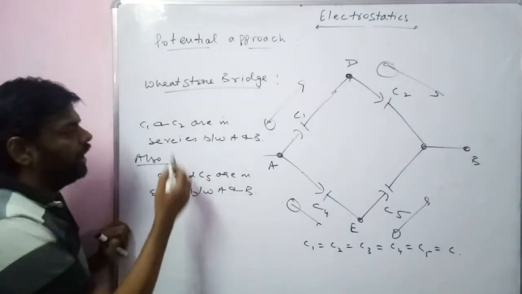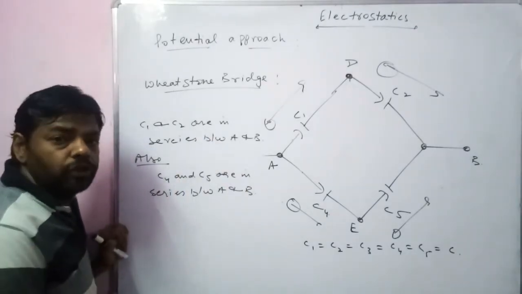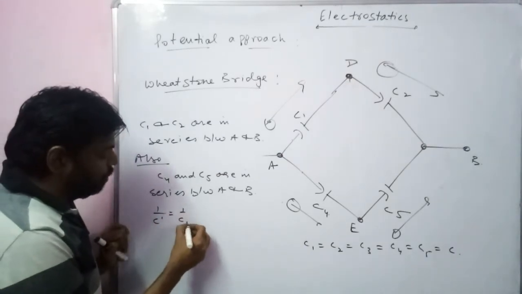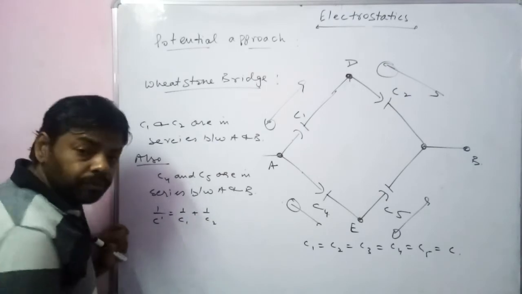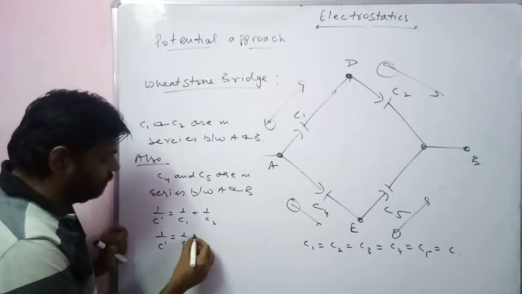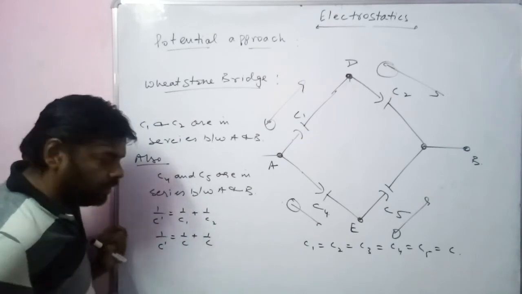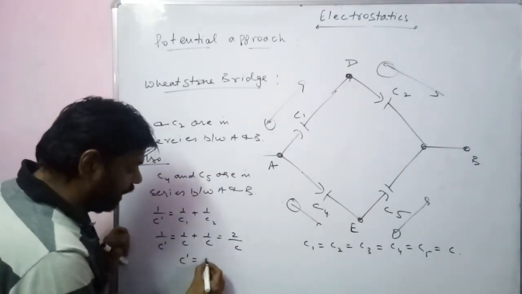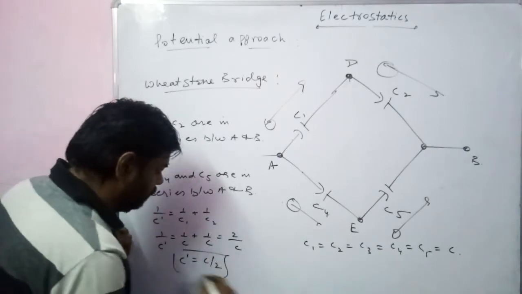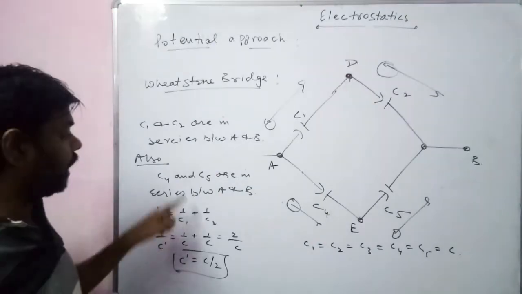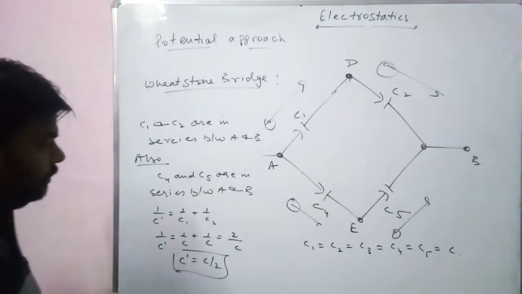So let us do the calculation for C1 and C2 first of all. 1 upon C dash is written as 1 upon C1 plus 1 upon C2. So 1 upon C dash is 1 upon C plus 1 upon C. So it is 2 divided by C. So C dash is C by 2. Okay? Clear?